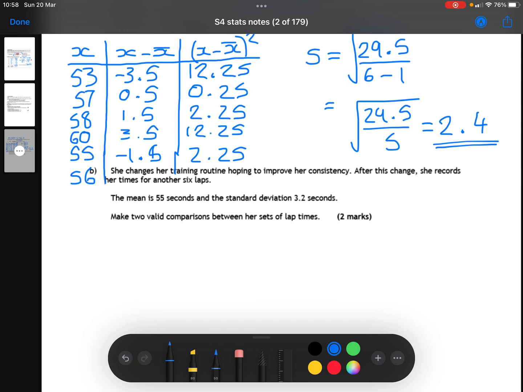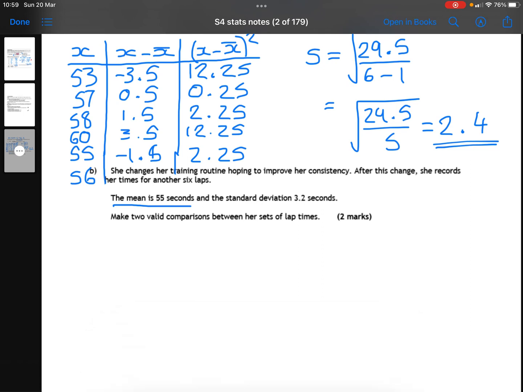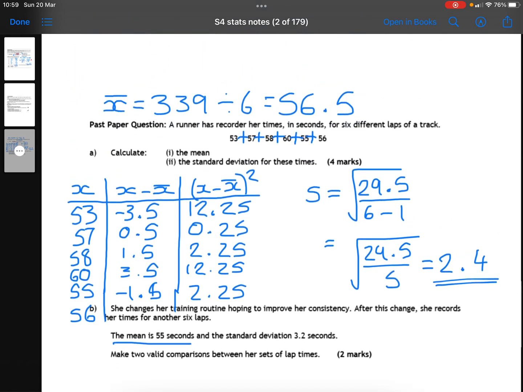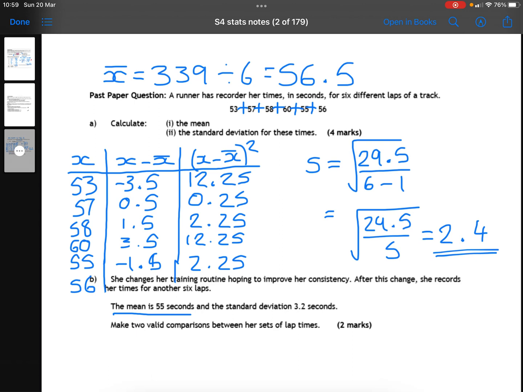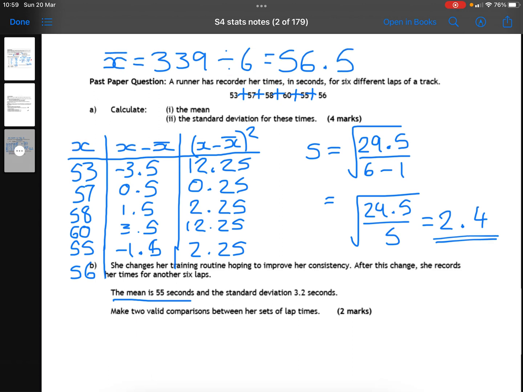After this change, she records her times for another 6 laps. So the mean after her training programme was changed was 55 seconds. Comparing that to our mean of 56.5, her mean is smaller, so her average time is less.